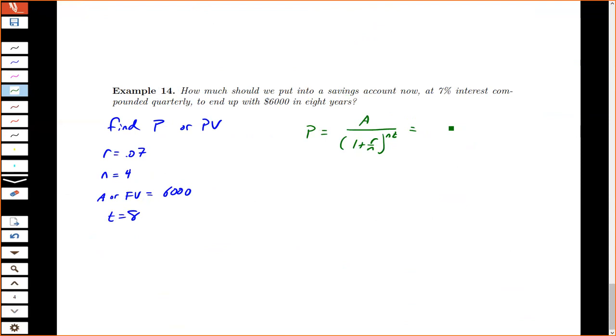And so then if I plug in the numbers, and you can plug them in here or just plug them directly in your calculator, but for taking notes, I'll write it down. So we have 6,000 divided by 1 plus 0.07 divided by 4 to the power of 4 times 8.